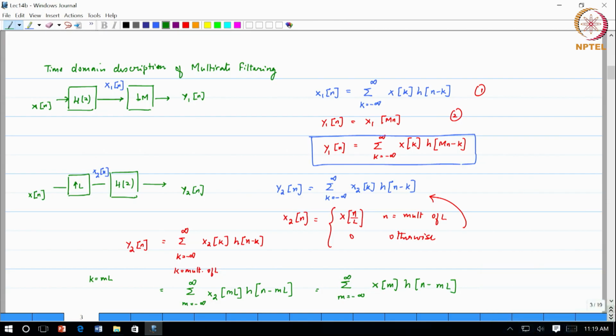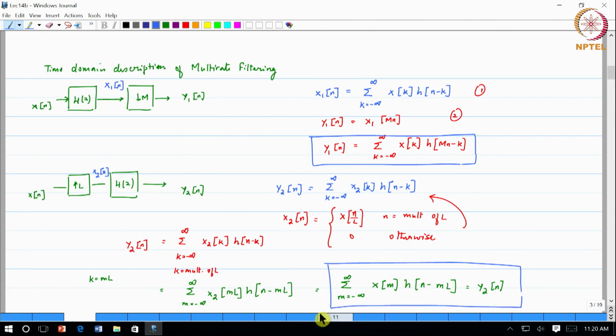What this says is that in the input output relationship, all the samples of x are involved, but in terms of the filter, I do not use all the impulse response coefficients. For a particular shift, I use a subset, a grid of the impulse response. Again, that is another way of visualizing what happens when you have a lot of 0 valued samples. The filtering actually looks like you are applying some kind of a grid onto your data. So, this is another result that you can note down. This is equal to y2 of n.